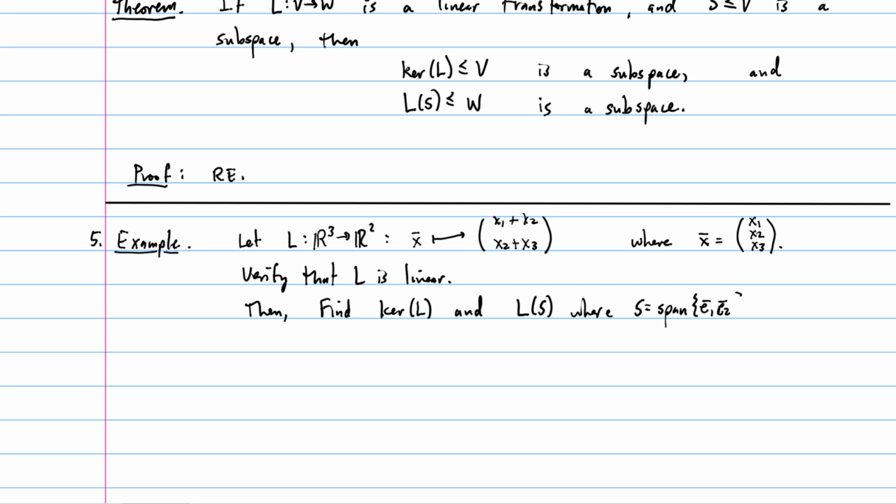Whoops, sorry. I wanted this to be E1 and E3. I mean, I guess it doesn't really matter as long as we have a subspace, right? But let's do it as a span of E1 and E3 from R3. So take a minute, verify that this is linear, then compute the kernel and compute the image of this subspace, the span of E1 and E3.